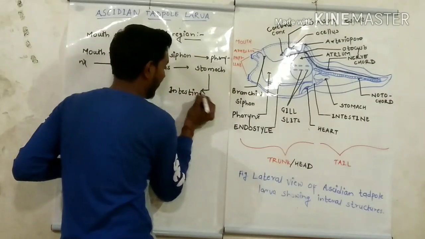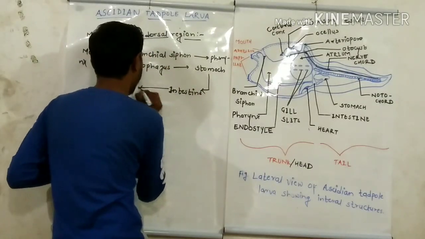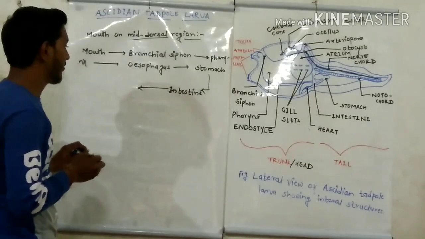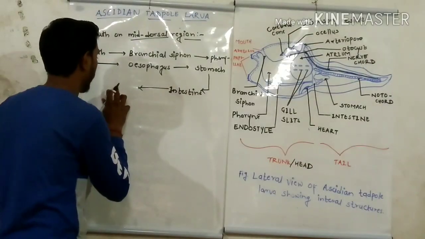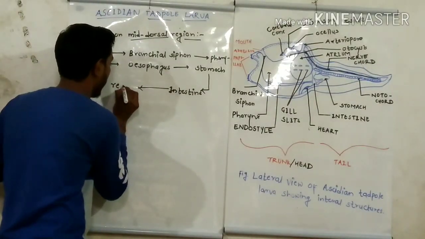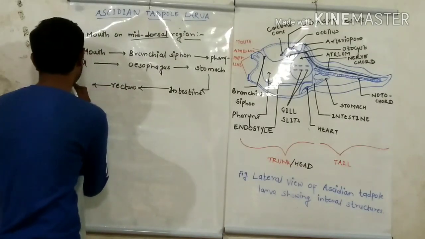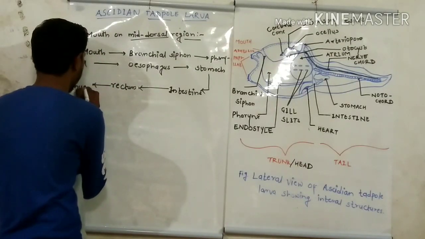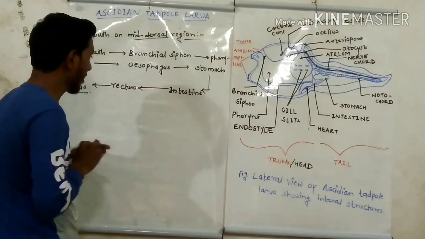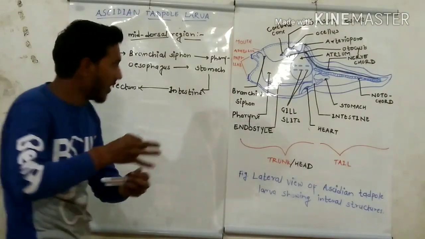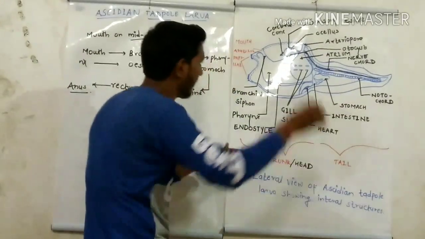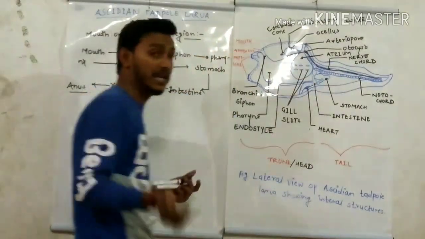Now this intestine leads to the rectum, and finally this rectum leads to the anus. The rectum joins to this atriopore from the left side, that is the back side.